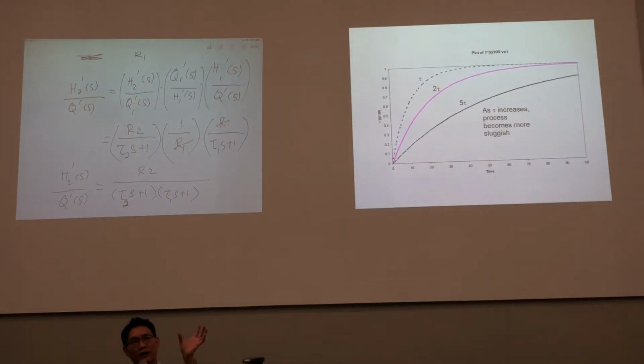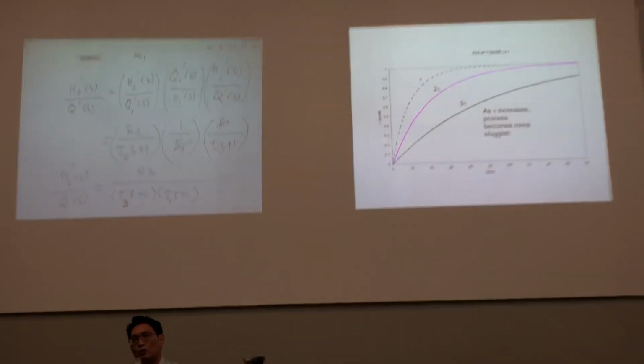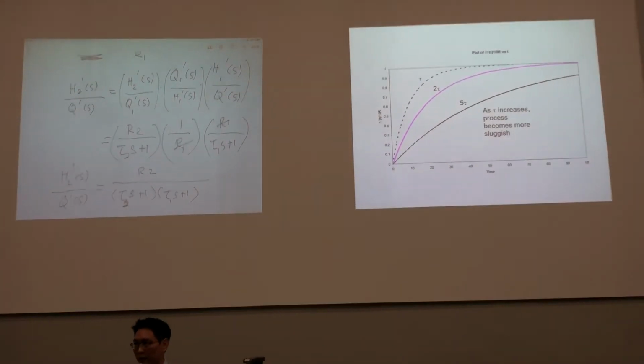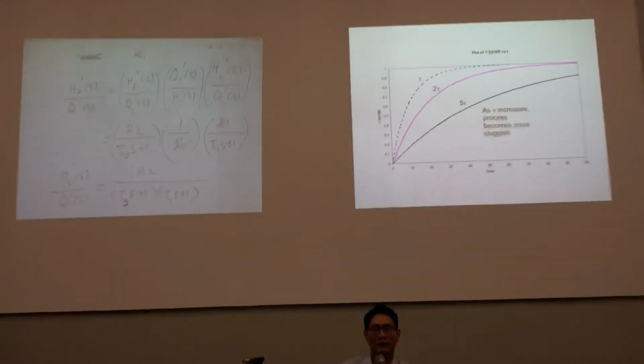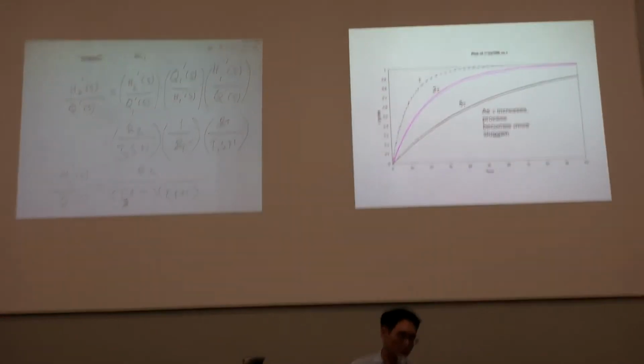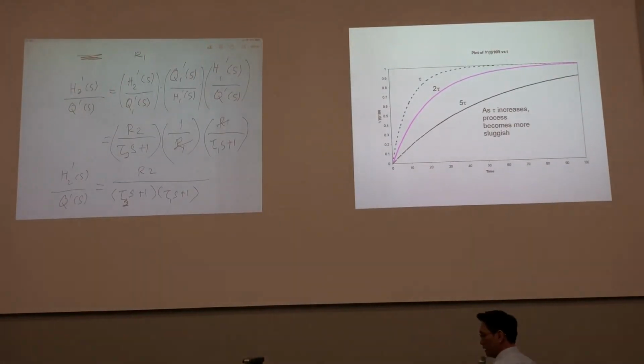Second one is if I have two non-interacting systems integrated, and I need to calculate the last output to the first input, I just multiply the two transfer functions together. The third one is the time constant. The smaller the time constant, the faster the system is. Sometimes we may just give you the time constants and ask you to tell which one has the faster process dynamics. Alright? Okay, I think that's all for today.